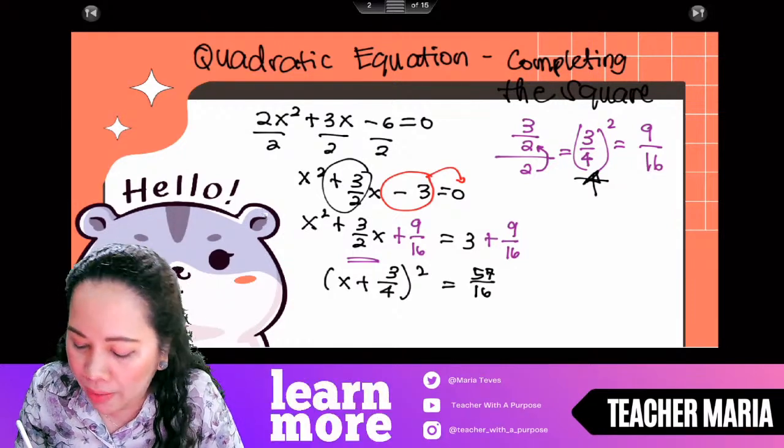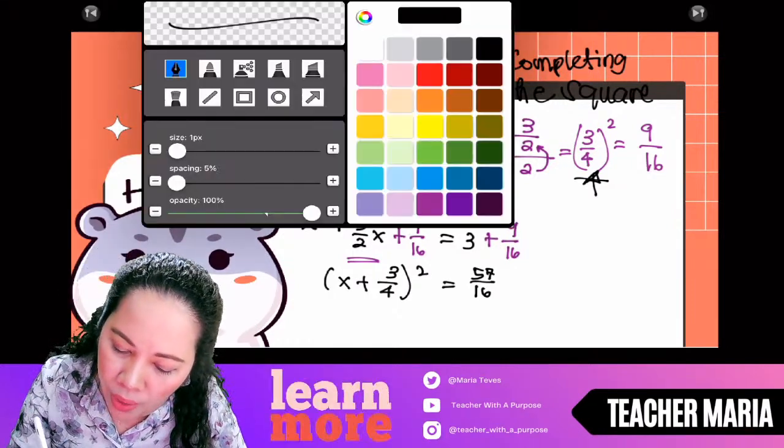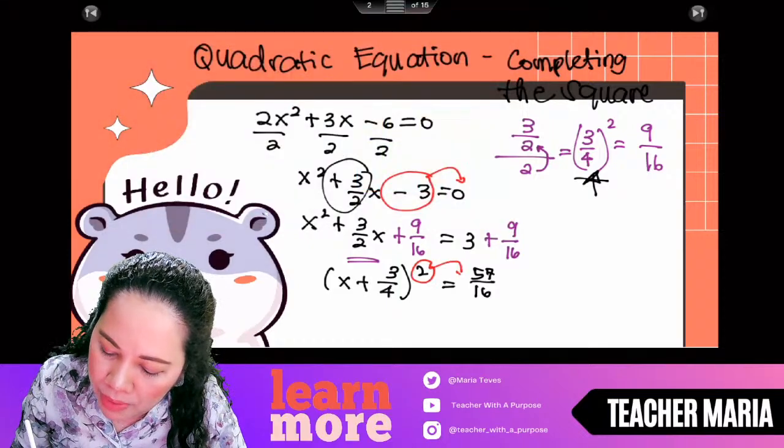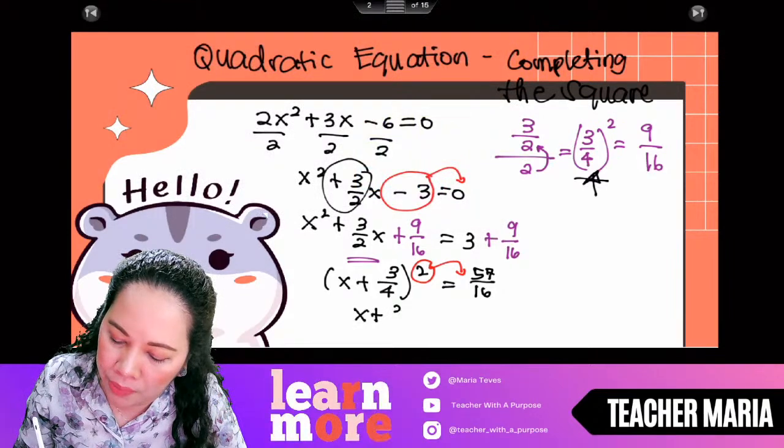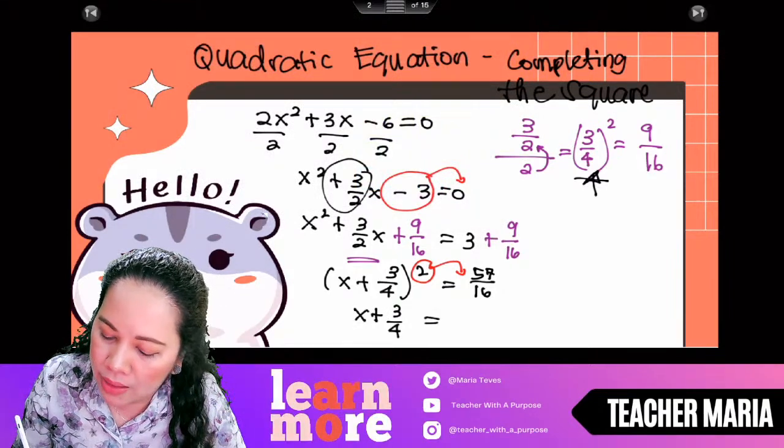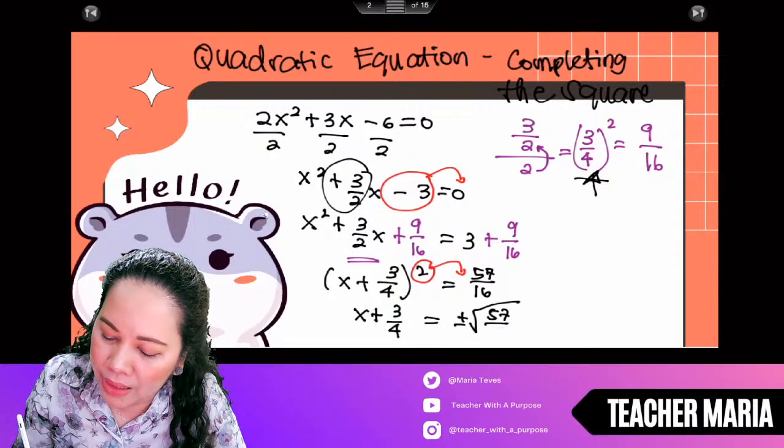So once you have that, you transfer the square, that becomes square root. So you will have x plus 3/4 equals plus minus square root of 57 over 16.